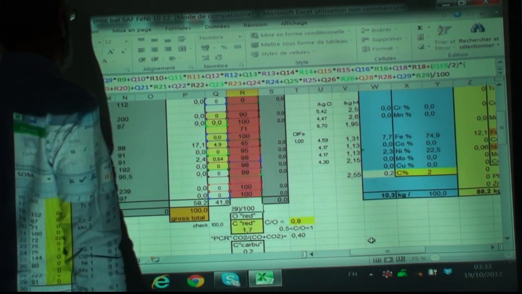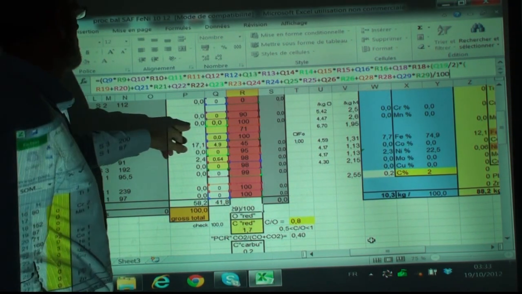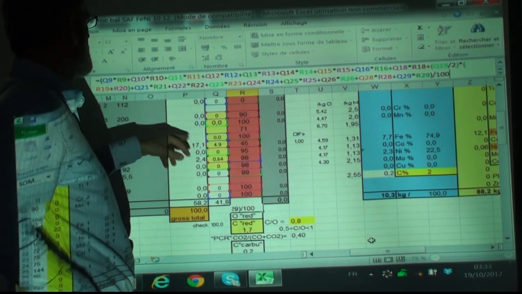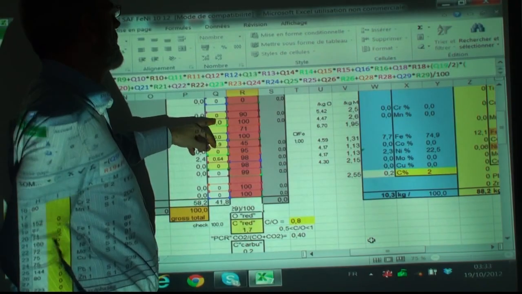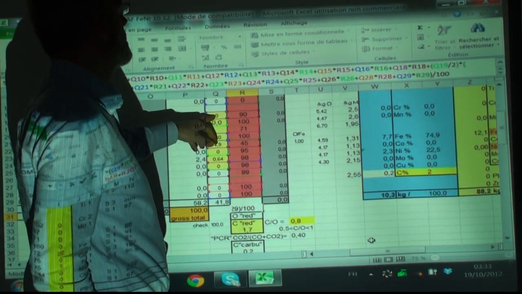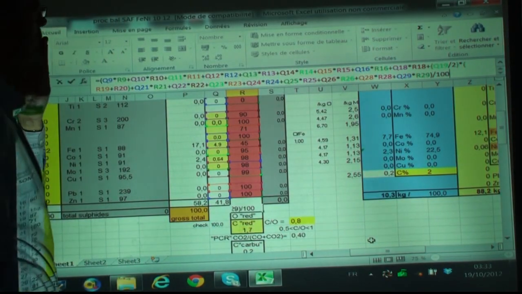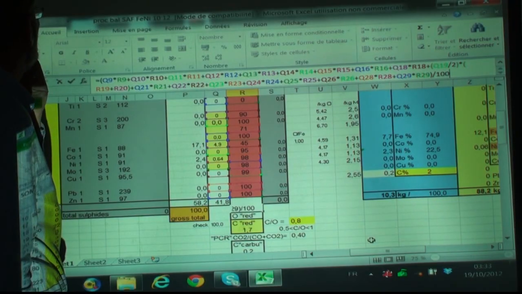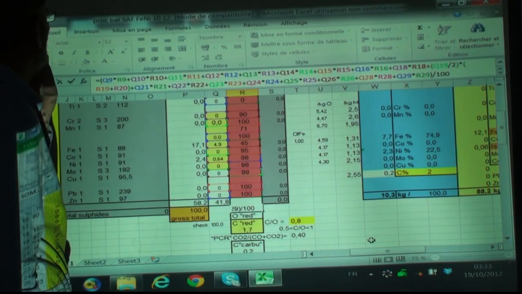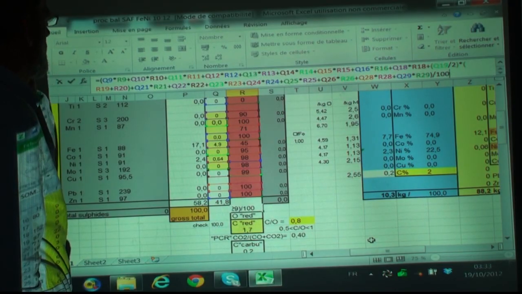So here we have 0, of course. But anyway, if it is not 0, you take this number in case of Q12.